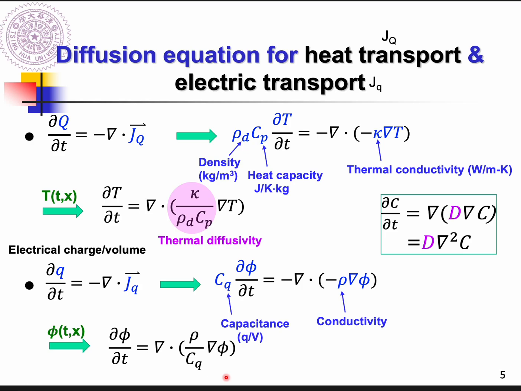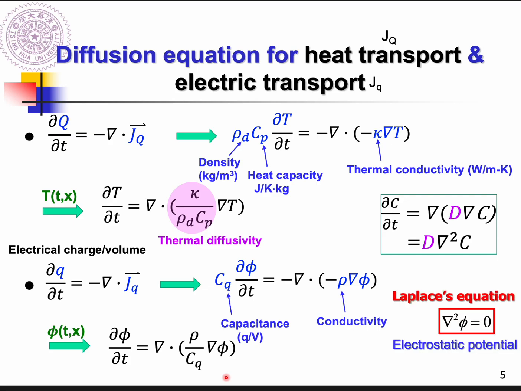And just a reminder, do you remember what the Laplace equation is? The Laplace equation tells you that if you take the second order derivative of phi with respect to x, it equals 0. This is the equation we call the Laplace equation.